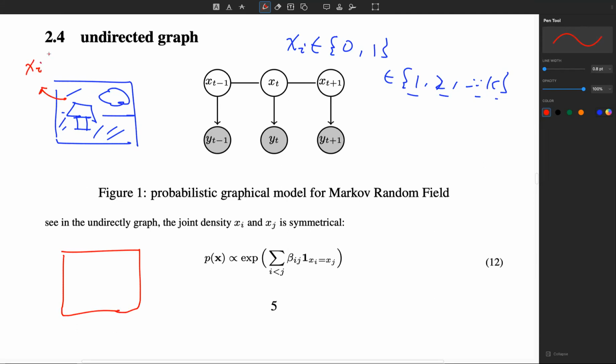It's an xi. And corresponding to that xi, you would have zi, yeah? Sorry, I'm just using the same notation as I had before. So yi is my pixels. Xi is the segment number.